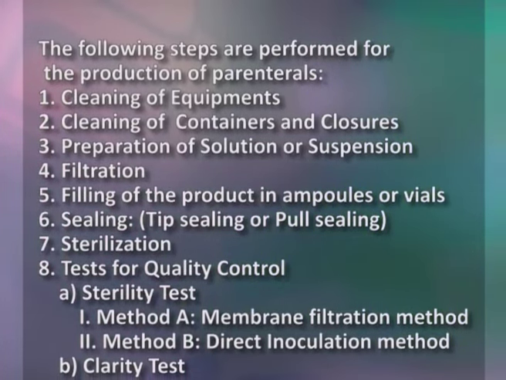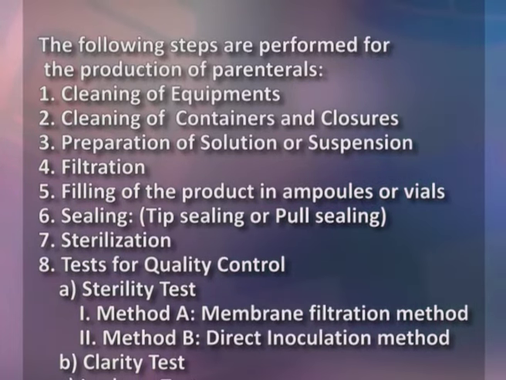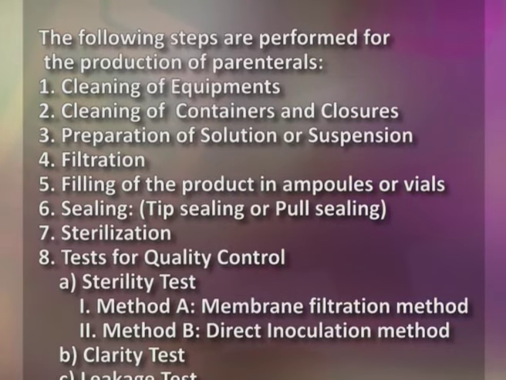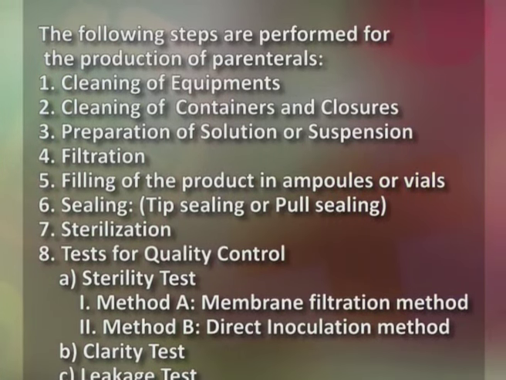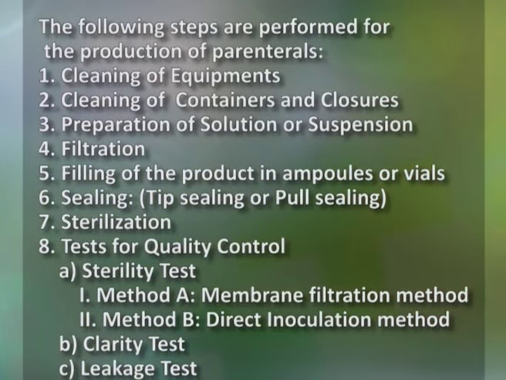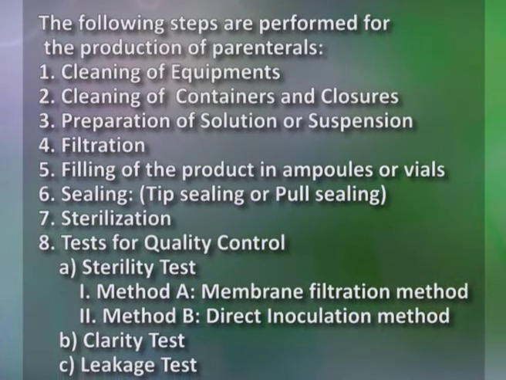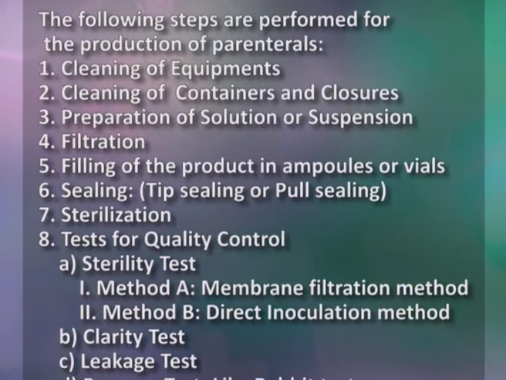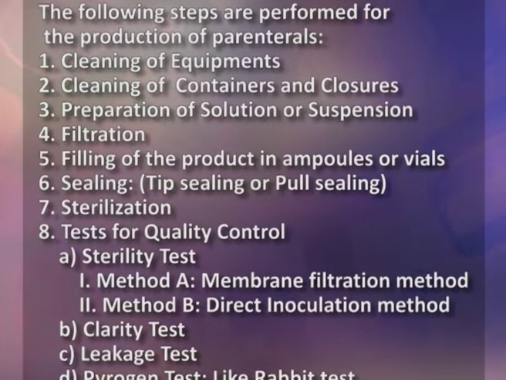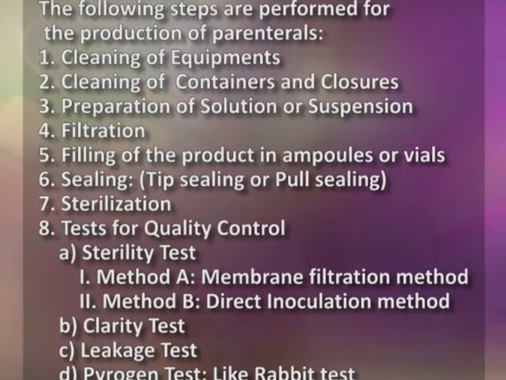Third, preparation of solution or suspension or the dosage form to be manufactured. Fourth is filtration. Fifth, filling of the product in ampoules or vials, that is containers. Sixth is sealing. It could be by tip sealing method or pull sealing method. Seventh is sterilization. Eighth, tests for quality control.